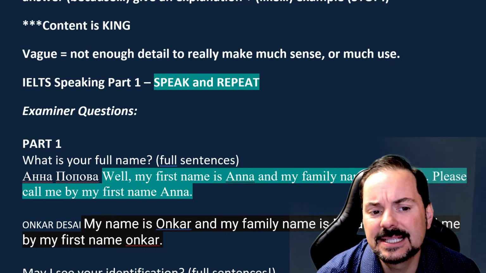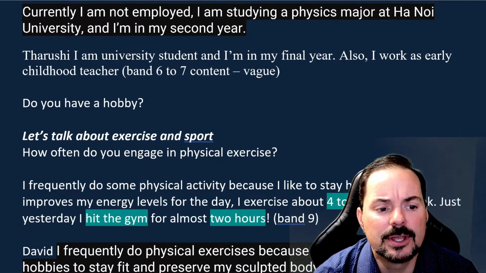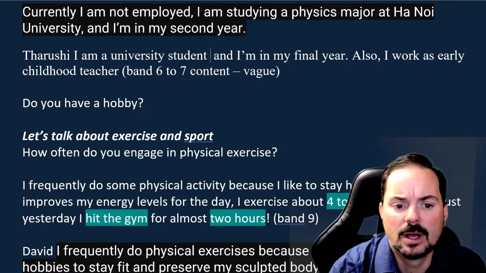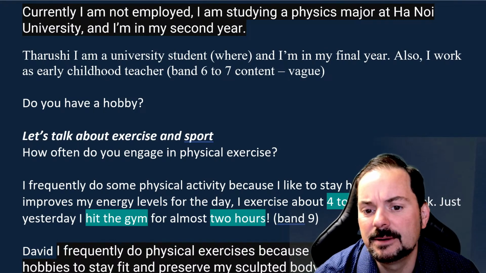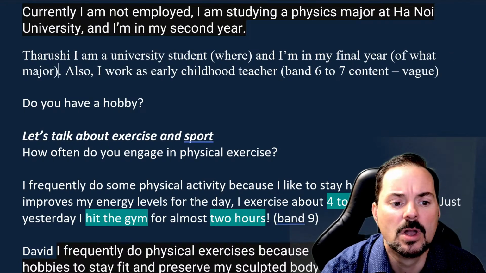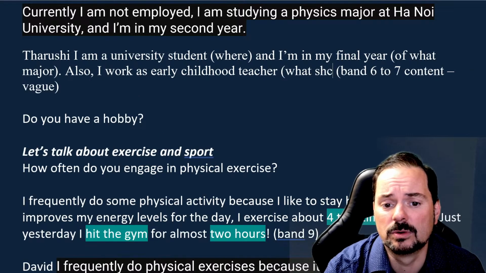So vague means it's lacking detail. It's not enough detail and doesn't really make much sense. So Tarushi, I am a university student. Where? Okay, and I'm in my final year of what major? Also, I work as an early childhood teacher. What school? What grades?